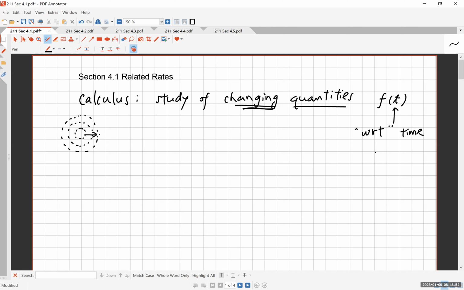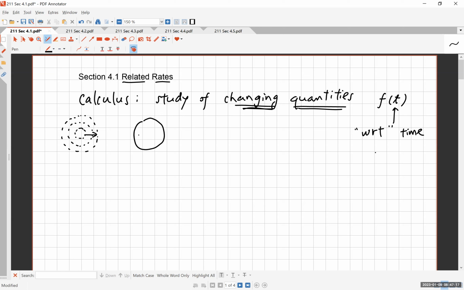But then the radius is changing, and so is the area. Are they increasing at the same rate? And it turns out, they are not. And how do you know how those rates are related? And that, of course, is where the words related rates come from. The rates are related to each other, but not at the same rates, right?